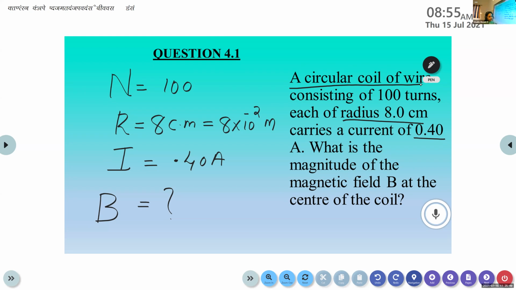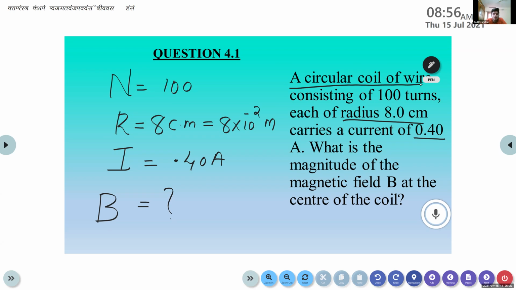Is it mu 0 I divided by 2 pi r or 2r? What is the equation for calculating the magnetic field due to a circular coil? B is equal to... What is the equation for a circular loop?